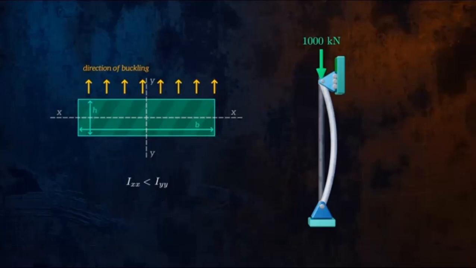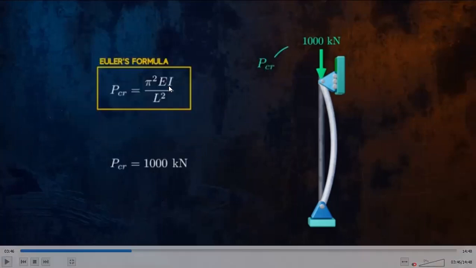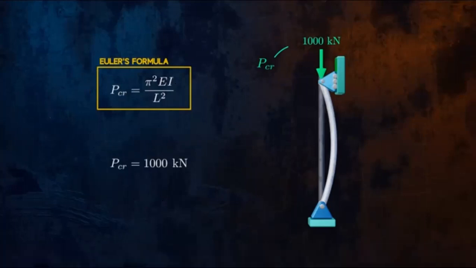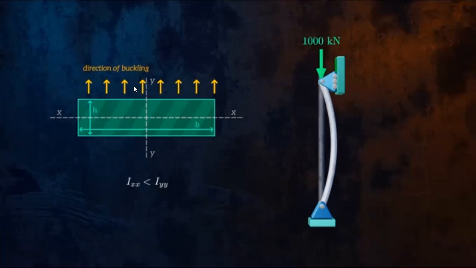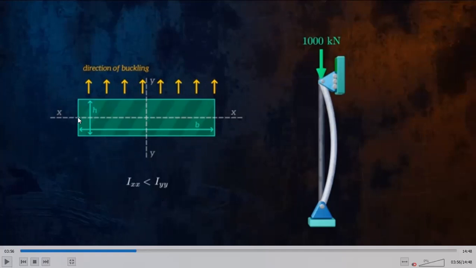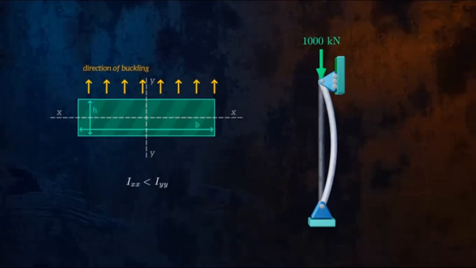From this equation, you can see that when the I value is low, the critical buckling load will also be low. So you need to consider the axis with the lower inertia value. In this case, Ixx is critical, and that will give you the lowest buckling load.